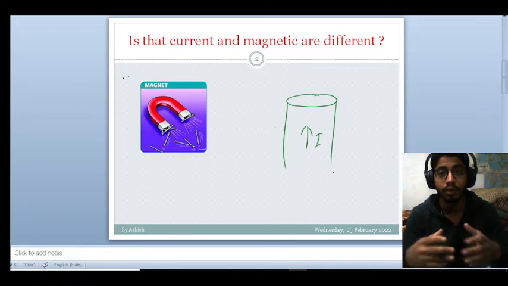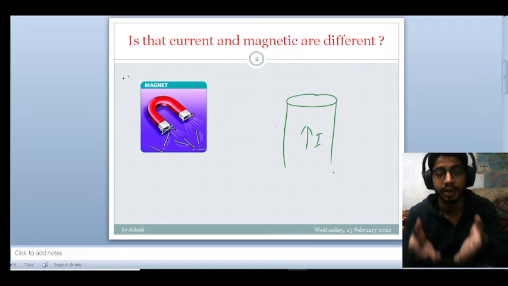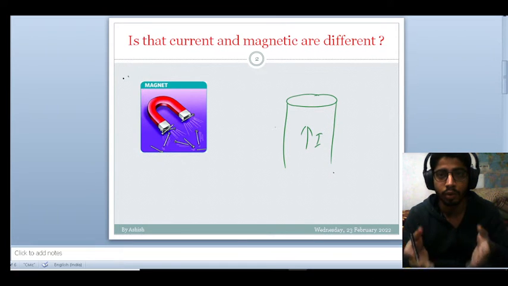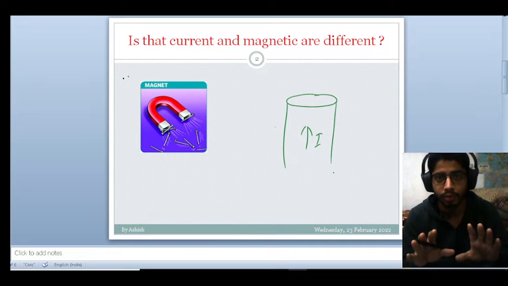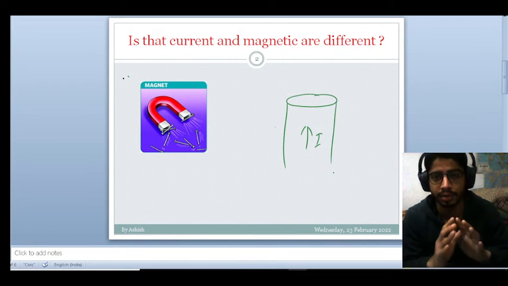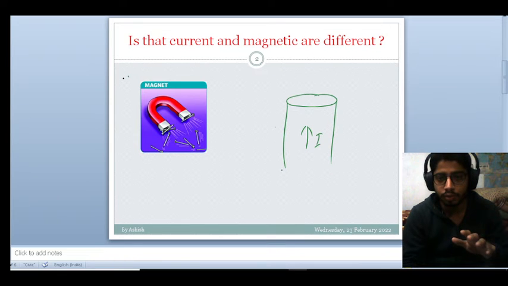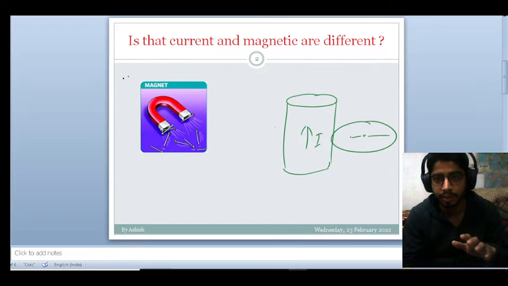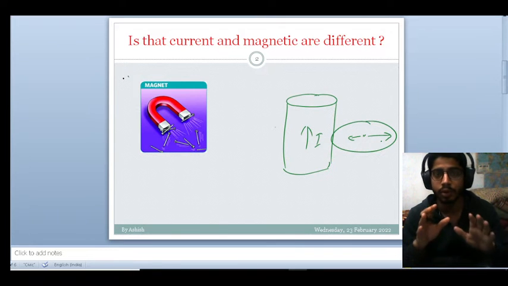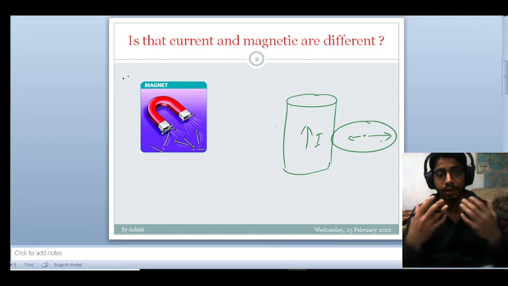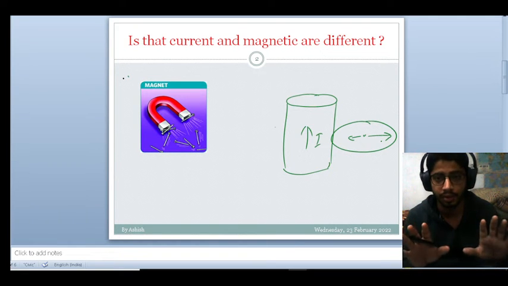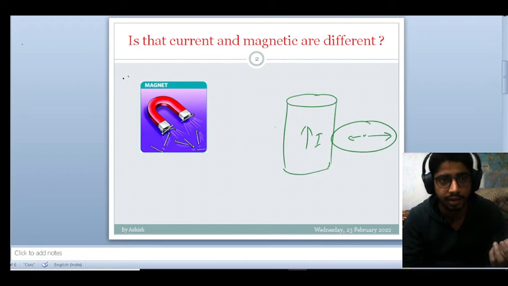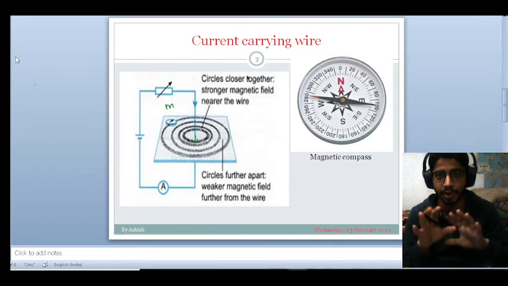How can we detect the magnetic field? We all know that for measuring the magnetic field, we take the magnetic compass. We simply take the magnetic compass near the wire, which points in the north and south direction. If it deflects, we can say that the wire produces a magnetic field.